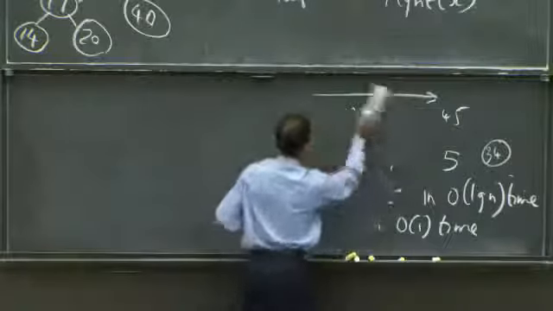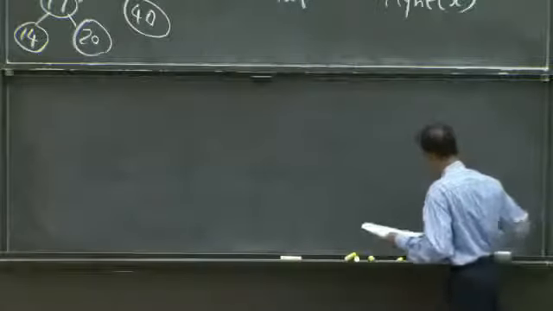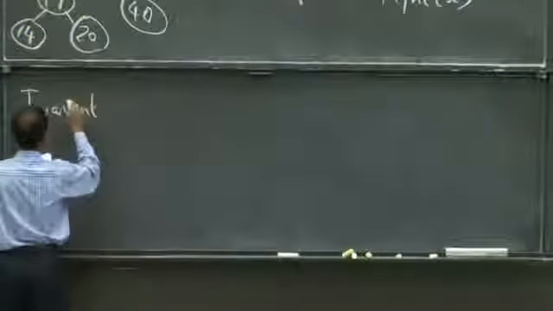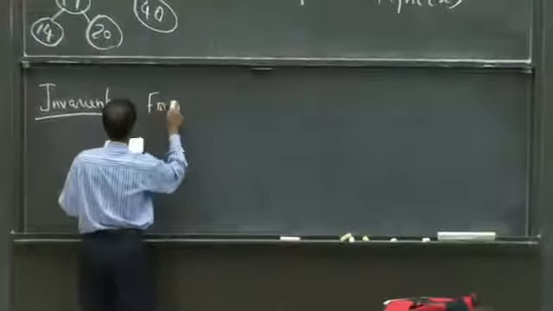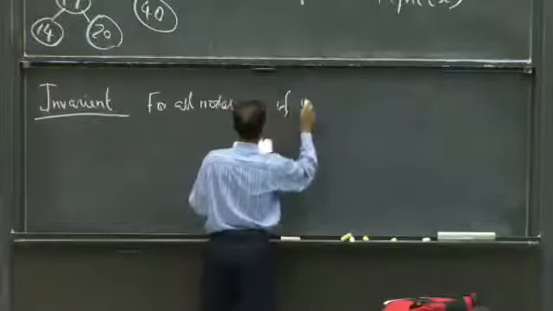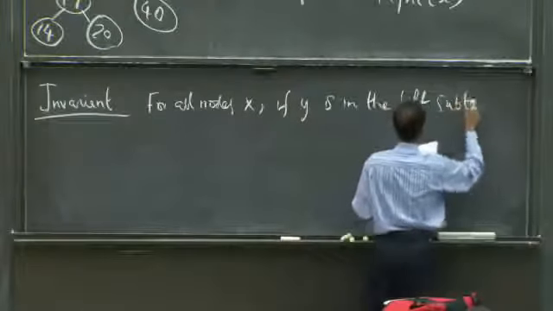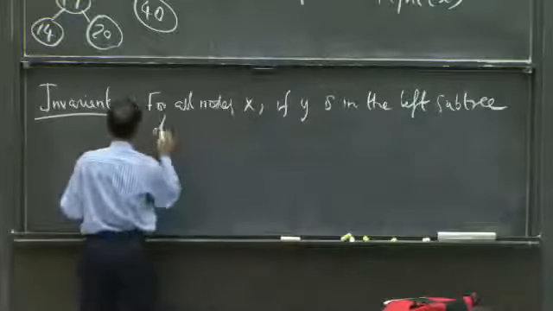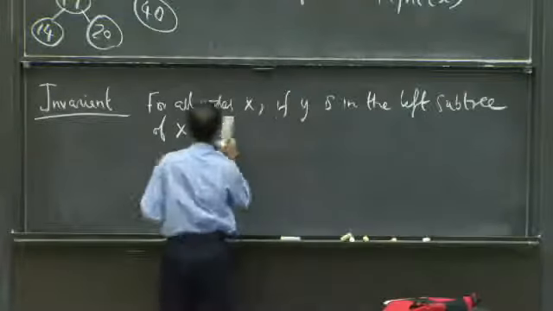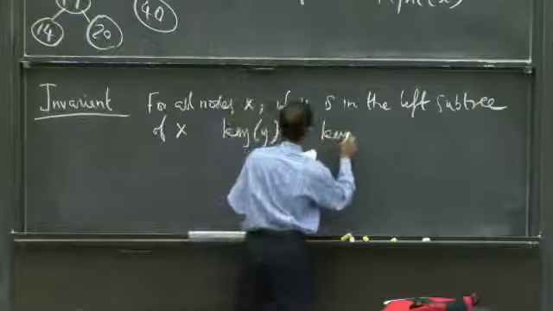And there's an invariant for a BST. What makes a BST is that you have an ordering of the key values that satisfy the invariant that for all nodes x, if y is in the left subtree of x, then key of y is less than or equal to key of x.